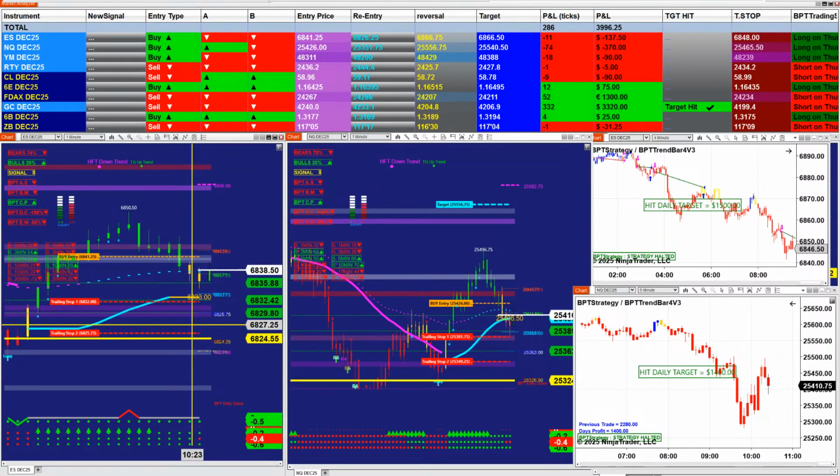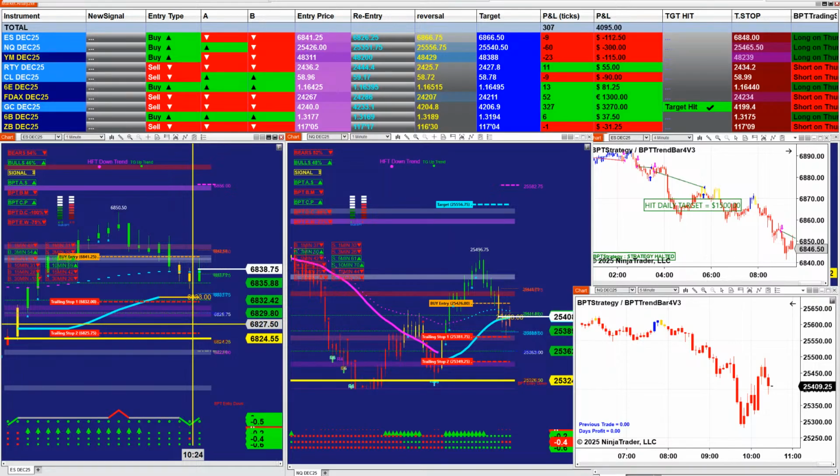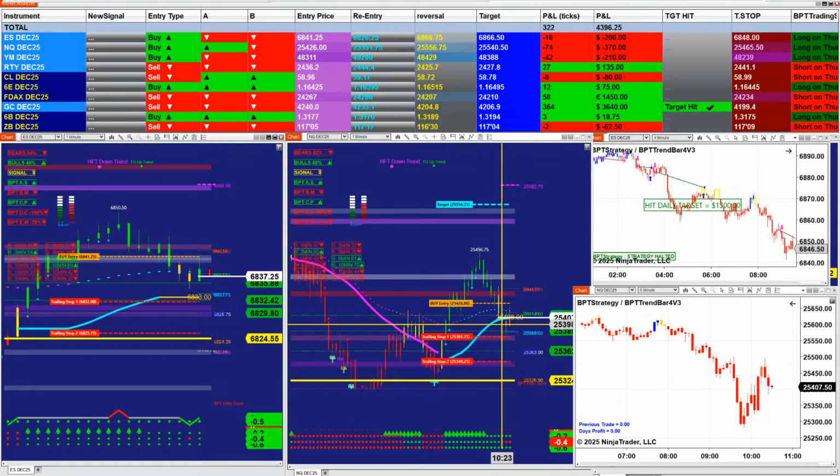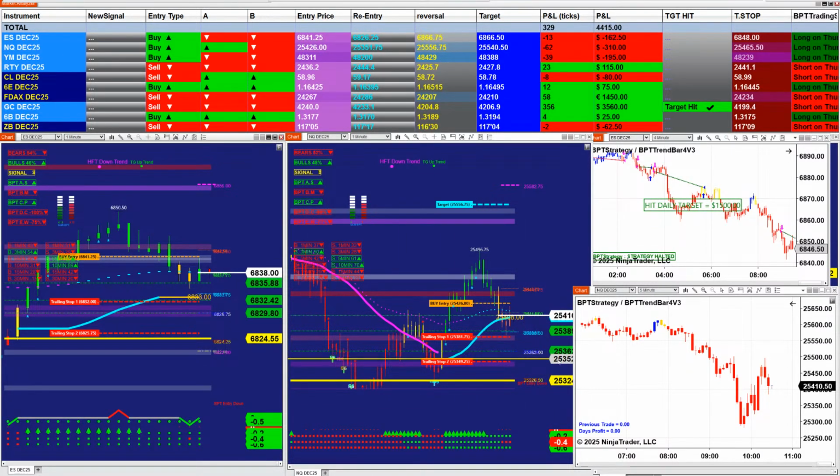So if the ES went below the yellow line and the Nasdaq did not, you should not adjust your auto trade to take short only, because those two need to work in parallel. I know they are different instruments and no longer connected, but they are connected on a key factor on the chart. So when there is a major key on the ES, the Nasdaq will stop and wait. So if the Nasdaq right now fell below this number here and the ES did not, you cannot do it.